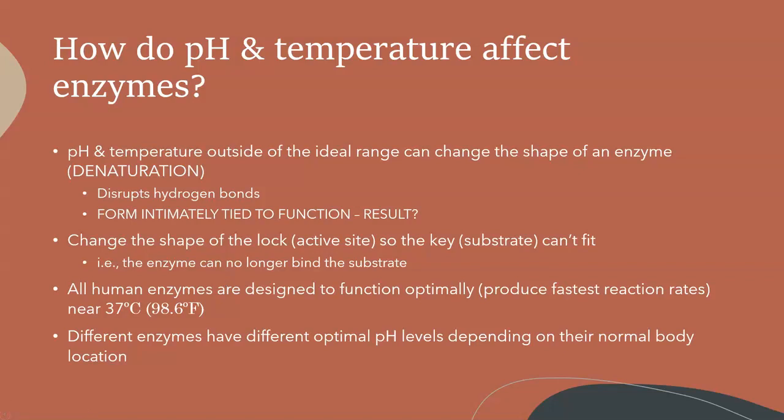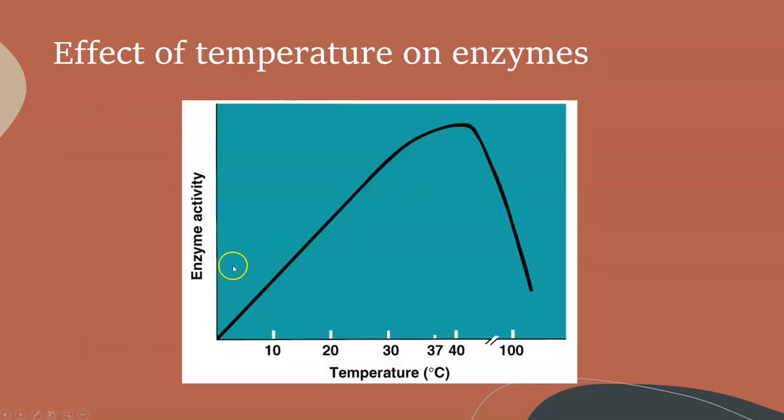All human enzymes are designed to function optimally, to produce the fastest results, near body temperature, 98.6 degrees. This is why fevers or getting very, very cold is a bad situation, because your enzymes will start to change shape. Here's our enzyme right around 37 degrees Celsius.